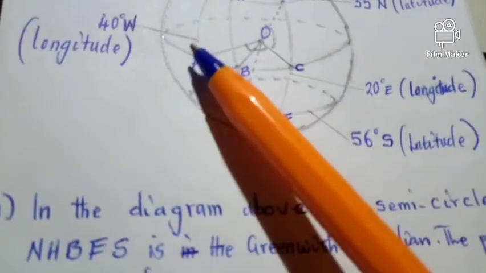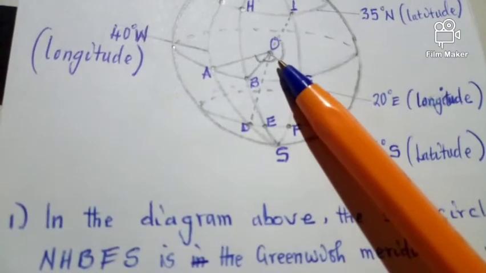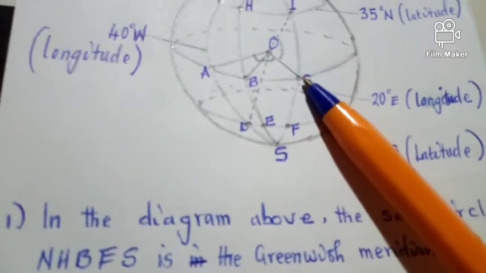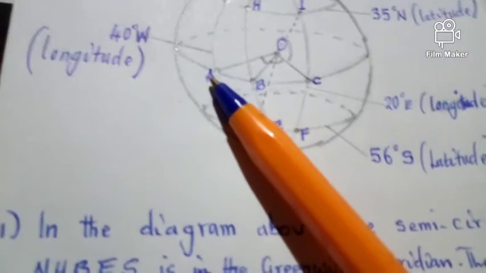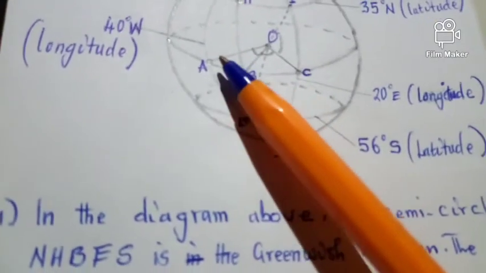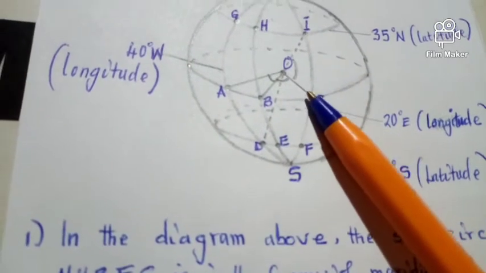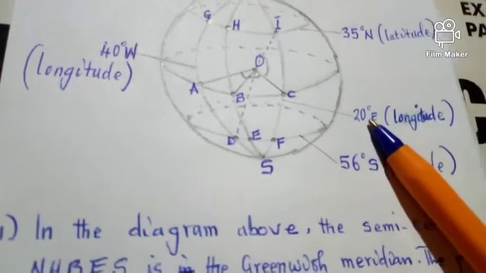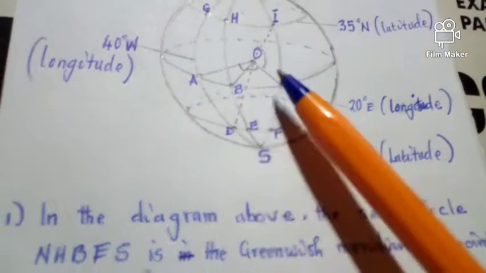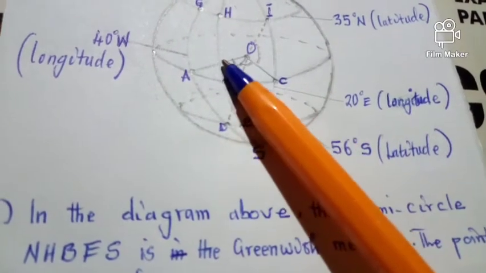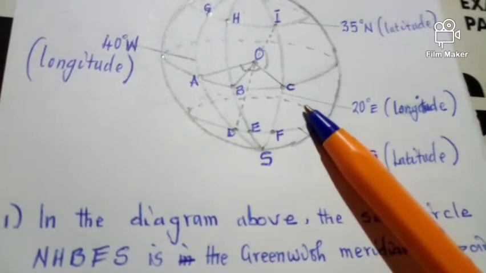But what happens if you're finding the other point is A, the other one is C, and you're finding this angle? Since they are from different hemispheres, the other one is on the eastern, the other one is on the western, you have to add these two differences. This longitude, which is 20 degrees east, and the one which is 40 degrees west, you add these two to find the angle here, which is A or C. As simple as that.